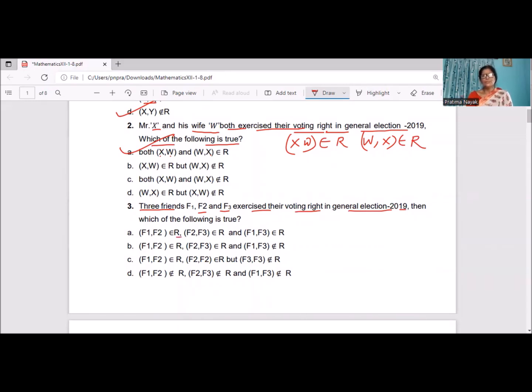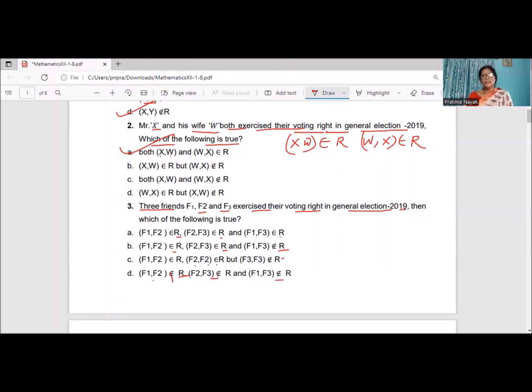First: (F1, F2) belongs to R, (F2, F3) belongs to R, (F1, F3) also belongs to R. Second: (F1, F2) belongs to R, (F2, F3) belongs to R, (F1, F3) does not belong to R. Third option: (F1, F2) belongs to R, (F2, F2) belongs to R, but (F3, F3) does not belong to R. And the fourth option: (F1, F2) does not belong to R, and the other pairs do not belong to R either.